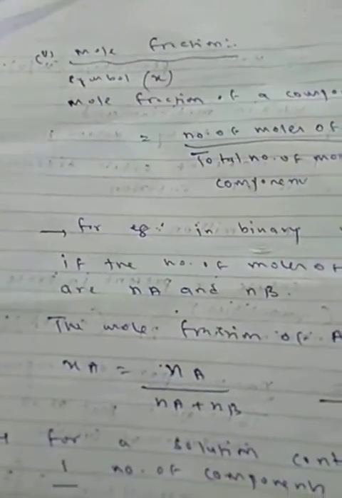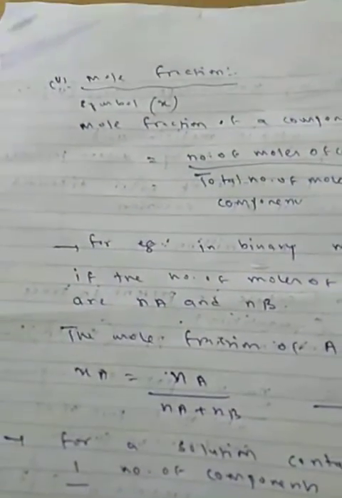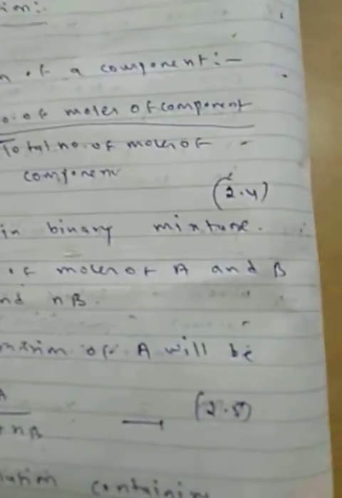Again, the next equation is the fifth one, a very important equation, mole fraction. The symbol for mole fraction is X. Mole fraction of a component is equal to the number of moles of the component upon the total number of moles of all components. This equation is 2.4.